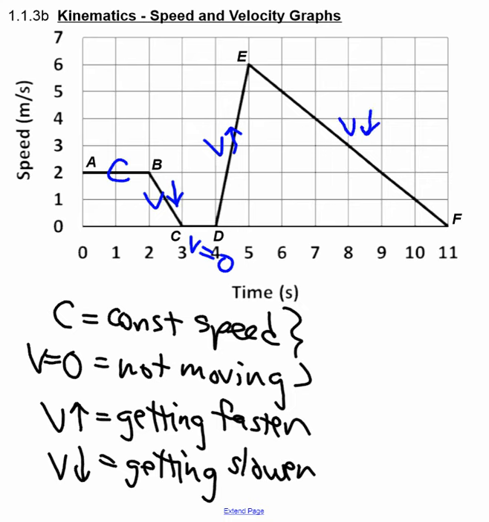Okay, so in terms of acceleration, this tells us a lot about our acceleration, right? If we have a constant speed or we're not moving, and we're staying not moving, then we have an acceleration of 0. Now, when your speed is 0, it doesn't necessarily mean your acceleration is 0.